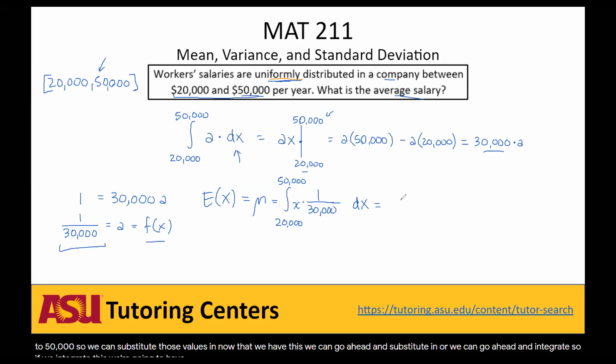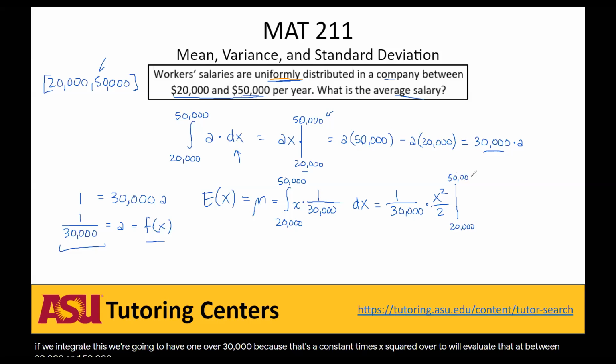We're going to have 1 over 30,000, because that's a constant, times x squared over 2, evaluated between 20,000 and 50,000. If we simplify a little bit, this is x squared over 60,000, evaluated between 20,000 and 50,000.